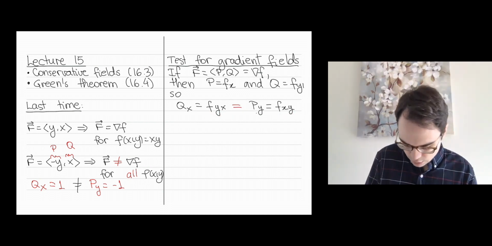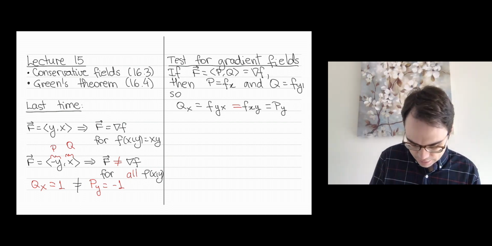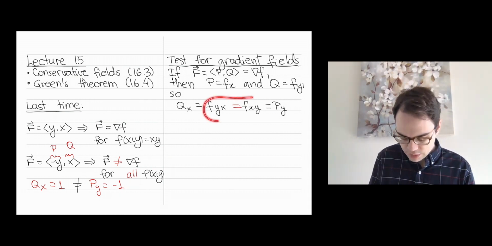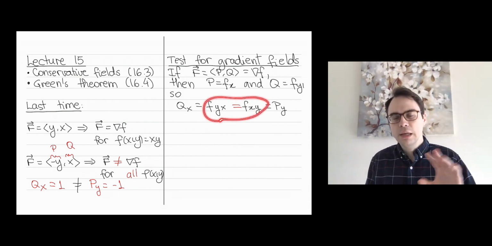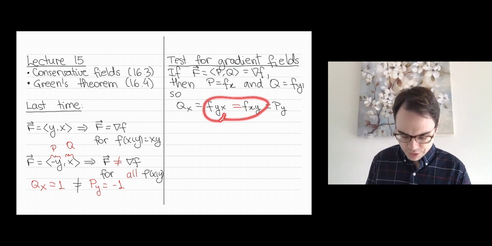Actually, let me just organize this in a better way. Here's what I'm using: we have this equality for partials. For ordinary functions, you can take partials in any order, and the result is the same.